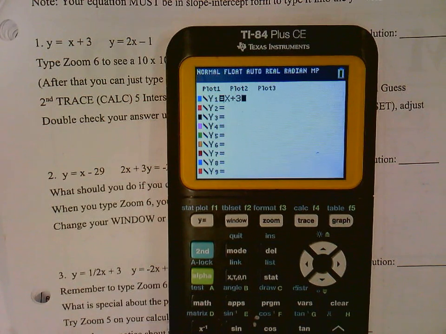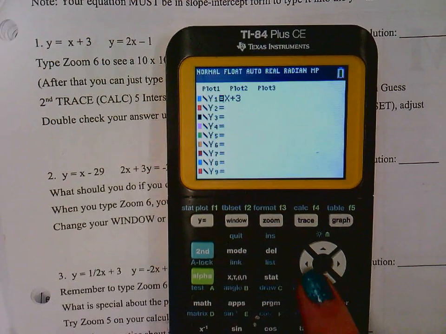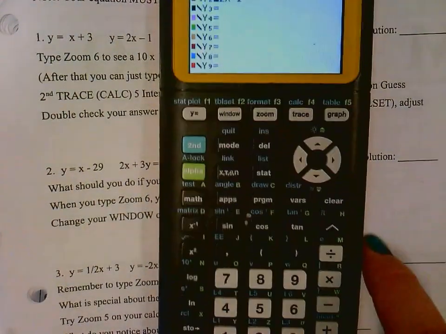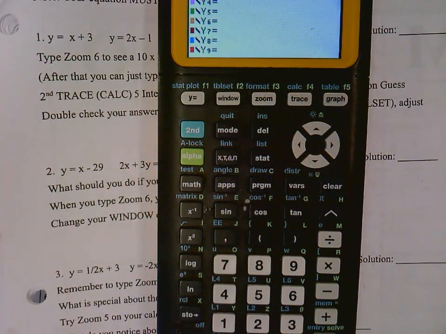The variable key is next to alpha. Don't do alpha x, do the variable key for x. So x plus 3 goes in the first, and then I'm going to arrow down 2x minus 1. Make sure that you use the minus key. So this is like plus minus in division, not the coefficient negative key, which is down here. The minus key is that one.